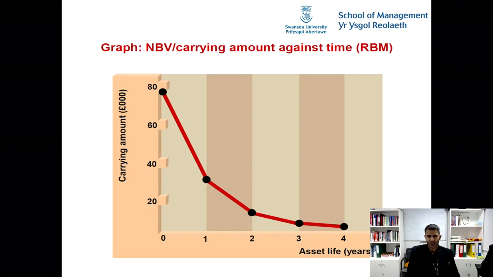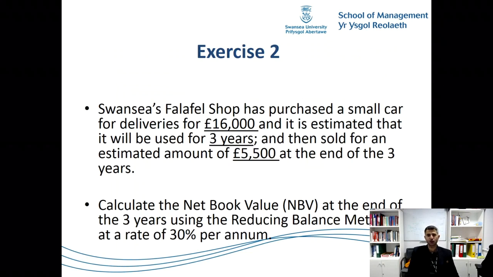Okay, so now let's have a look at exercise 2. If you remember this exercise 2 regarding the delivery vehicle for this shop, we bought this vehicle for £16,000, with a useful life of 3 years, and 5,500 is the residual value.